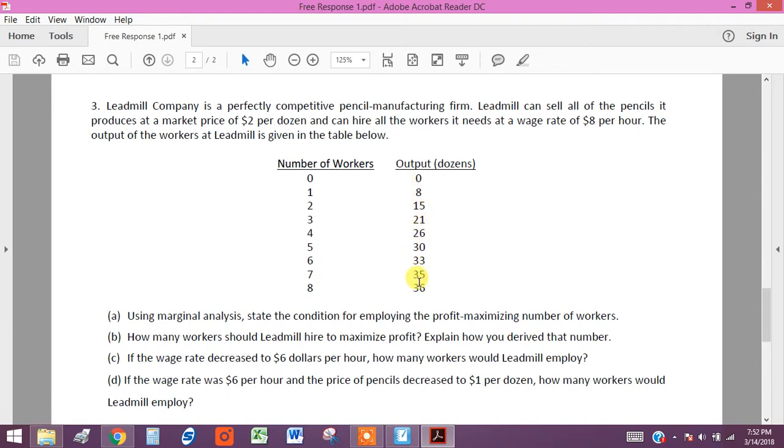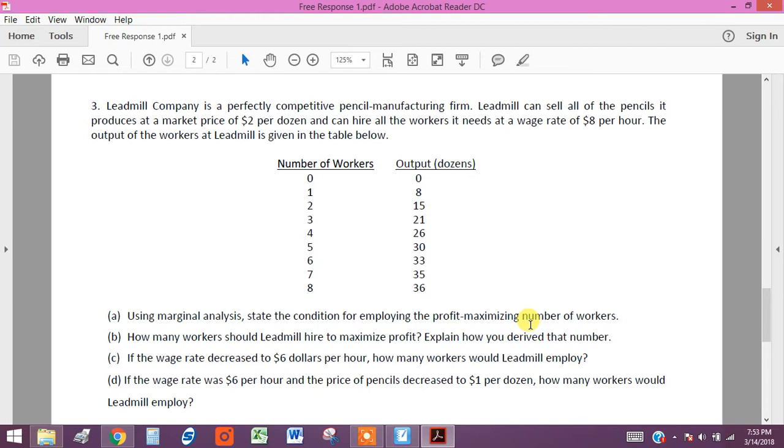So we need to use marginal analysis, and we need to figure out how many workers this firm should hire from 0 up to 8 in order to maximize their profit.